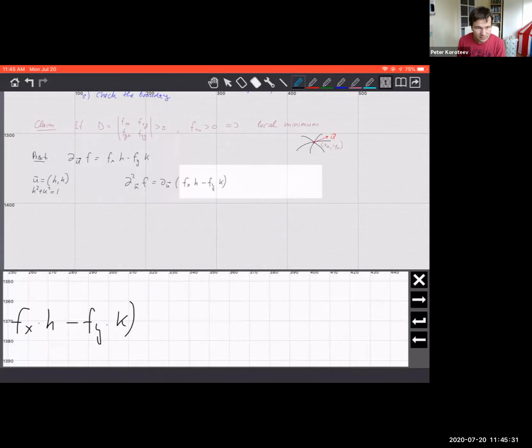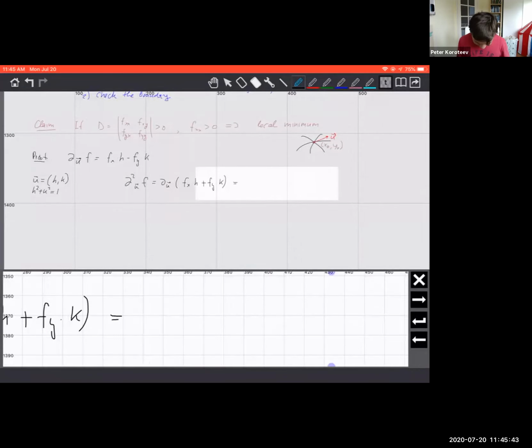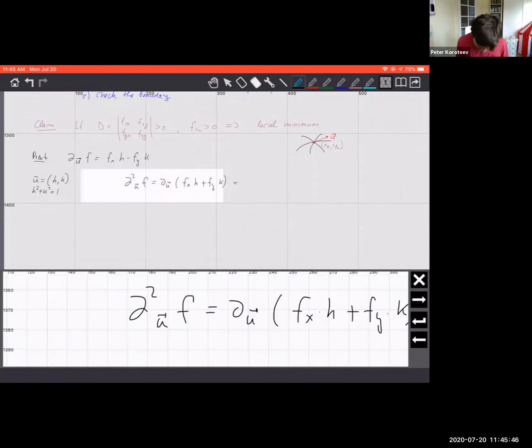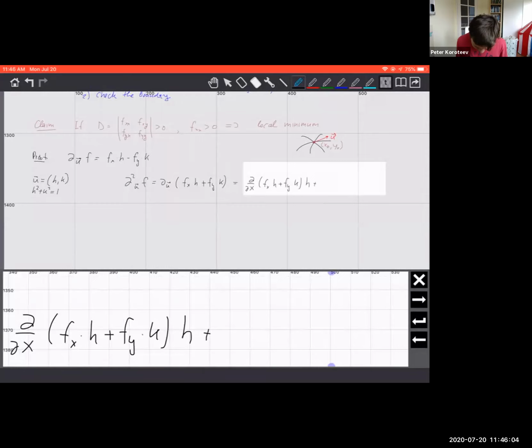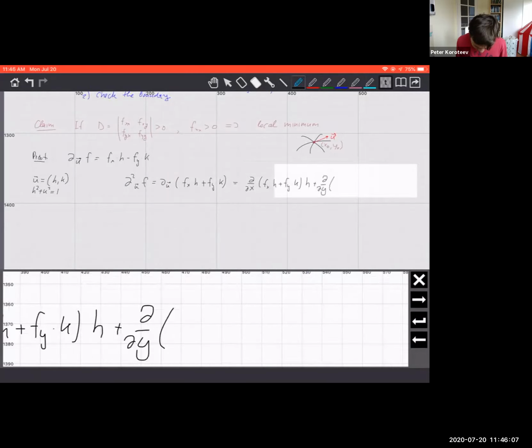Now we need to take the gradient of this vector and dot it with h, k. So we take the derivative: d over dx of that thing times h, and then plus d over dy of this thing times k.